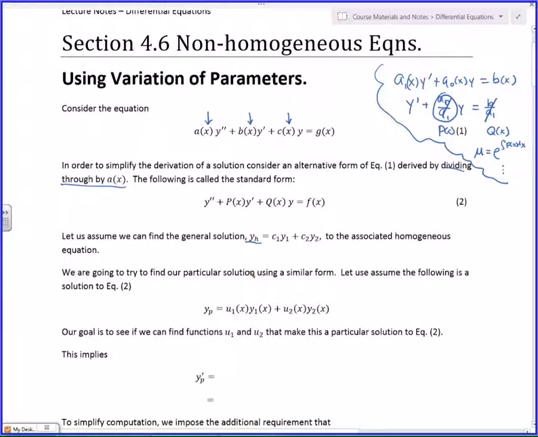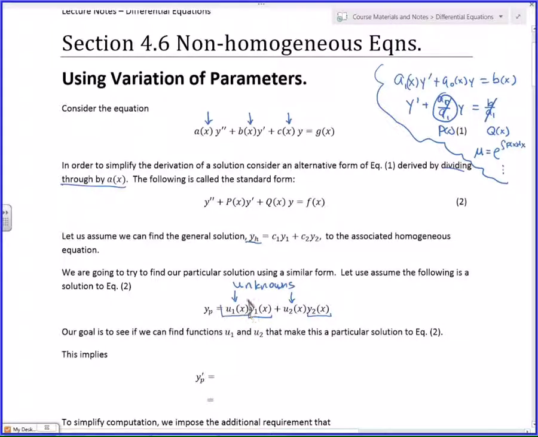I'm guessing that the form of my solution is going to look like something that's a function of x times my y1 of x plus something of x times y2 of x. I'm going to assume that I can create a combination of my two known solutions to the homogeneous case by finding maybe something that goes out in front that are the unknowns.